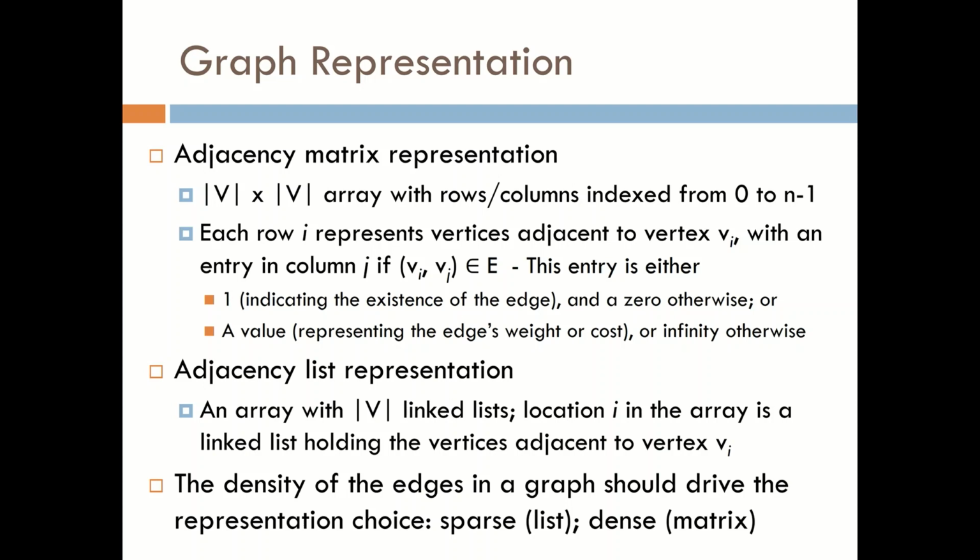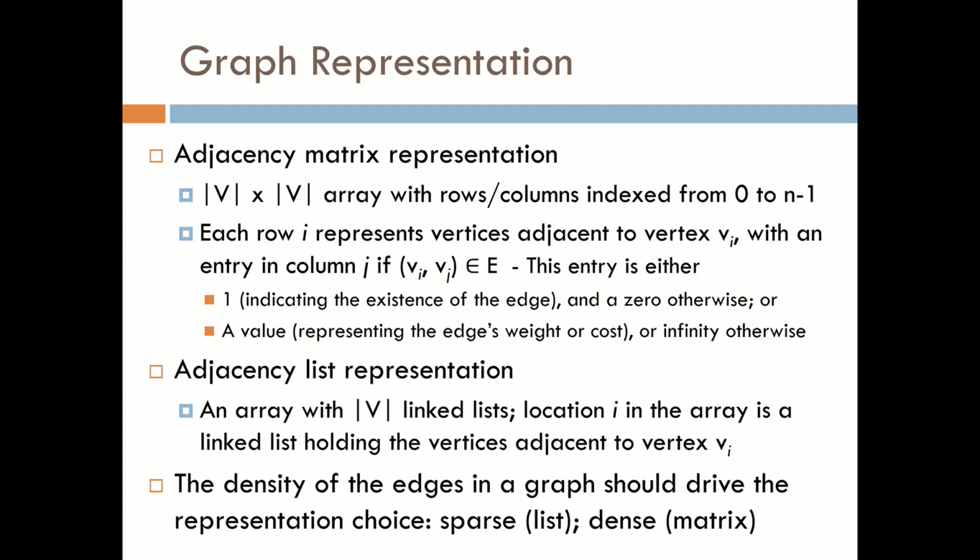An adjacency list, on the other hand, is an array with cardinality of only V linked lists, and at any index I in the array, there is a linked list that holds all the vertices that are adjacent to vertex VI.